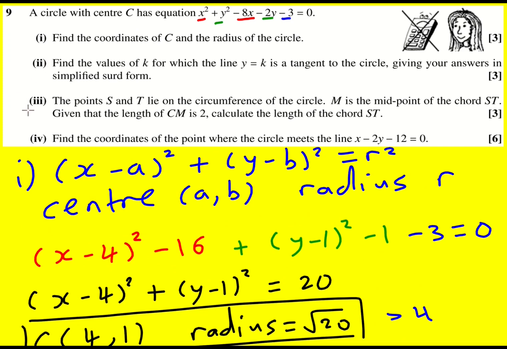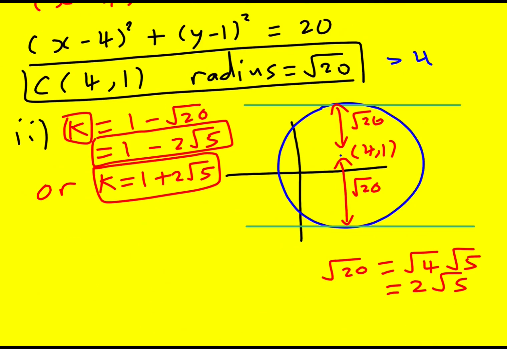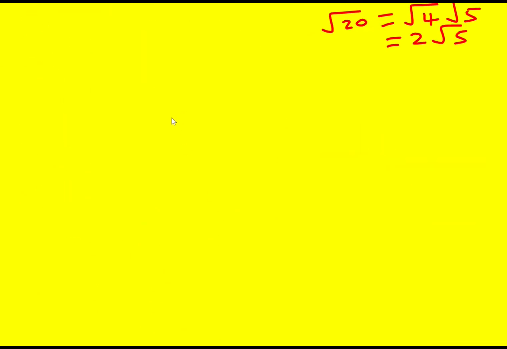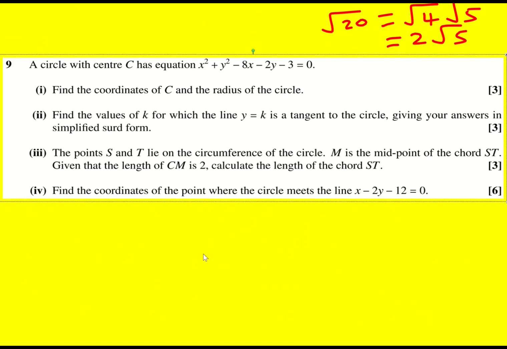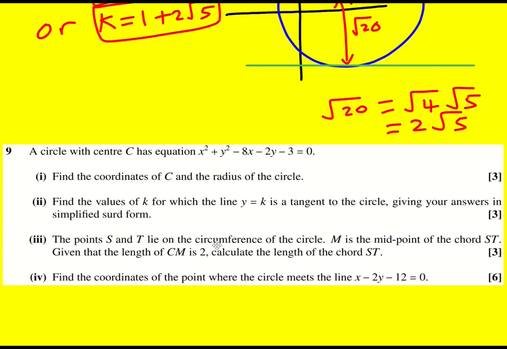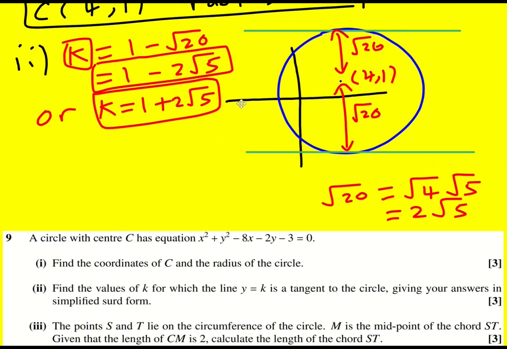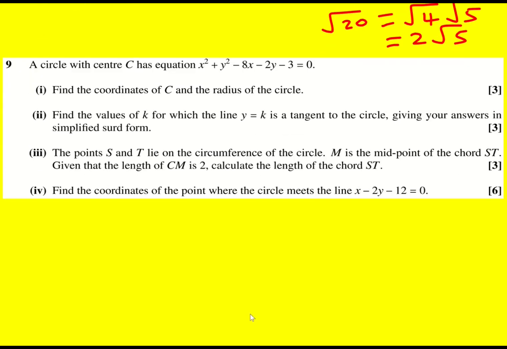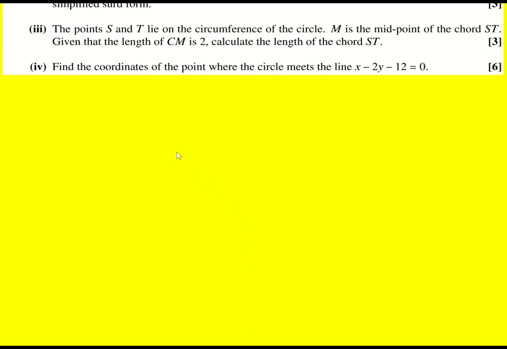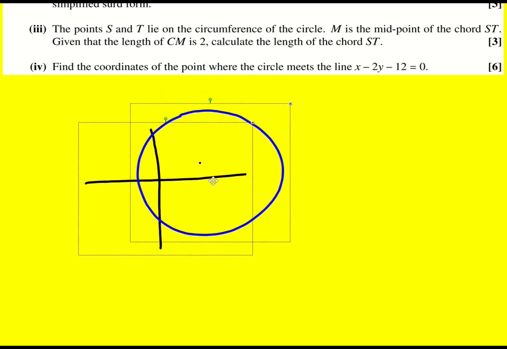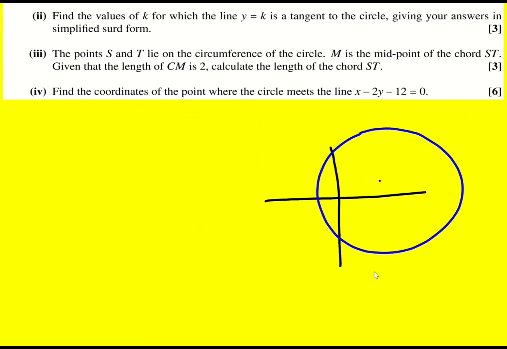Okay, next up. Right, I might just copy this whole question, bring it down. So we're told the points S and T lie on the circumference of the circle. M is the midpoint of the chord ST. Given that the length of CM is 2, calculate the length of the chord ST. So a lot going on here.